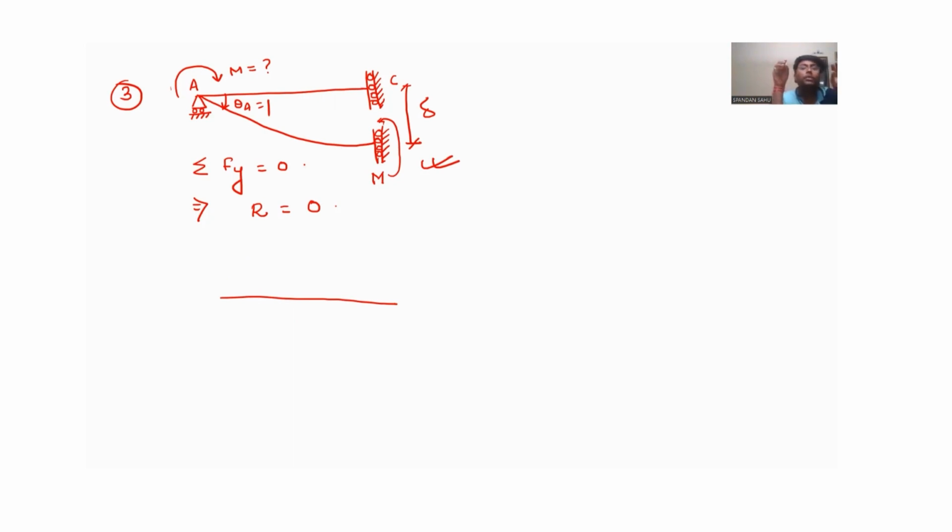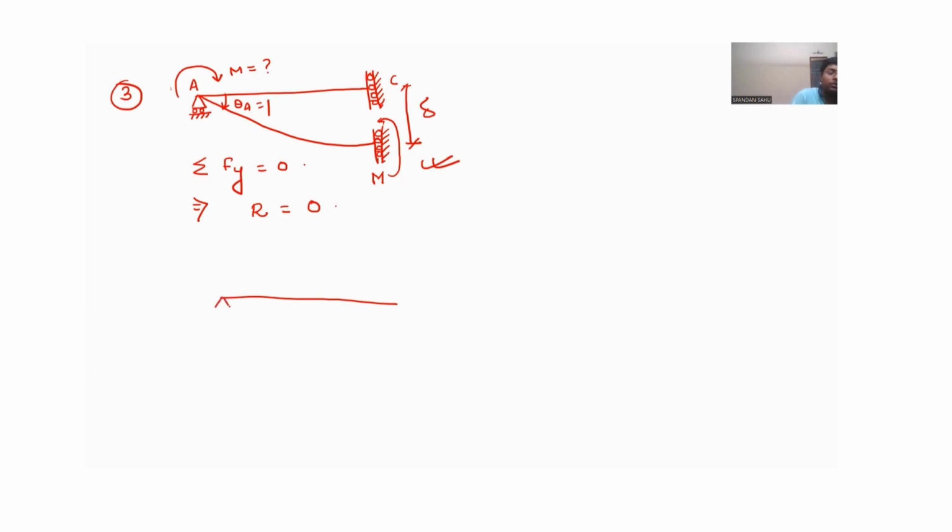Put the analogy: slope is equivalent to shear force in your conjugate beam, and bending moment of the conjugate beam is equal to deflection in your real beam. So you have to play with the joints for the conjugate beam such that the analogy between the real beam and conjugate beam and its corresponding inputs become the same. Same means analogous. It cannot be the same but analogous.